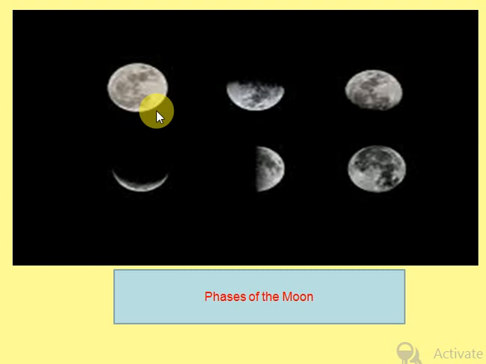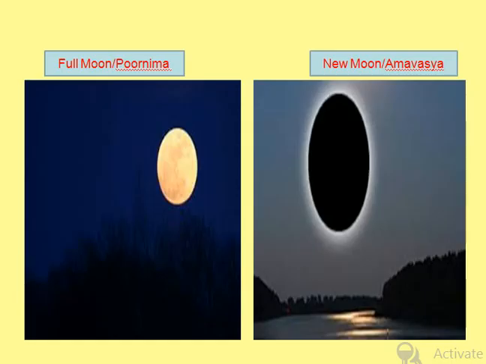The changing shapes of the moon are known as phases of the moon. There are different phases of the moon, but new moon and the full moon are the most common phases. Look at the picture.